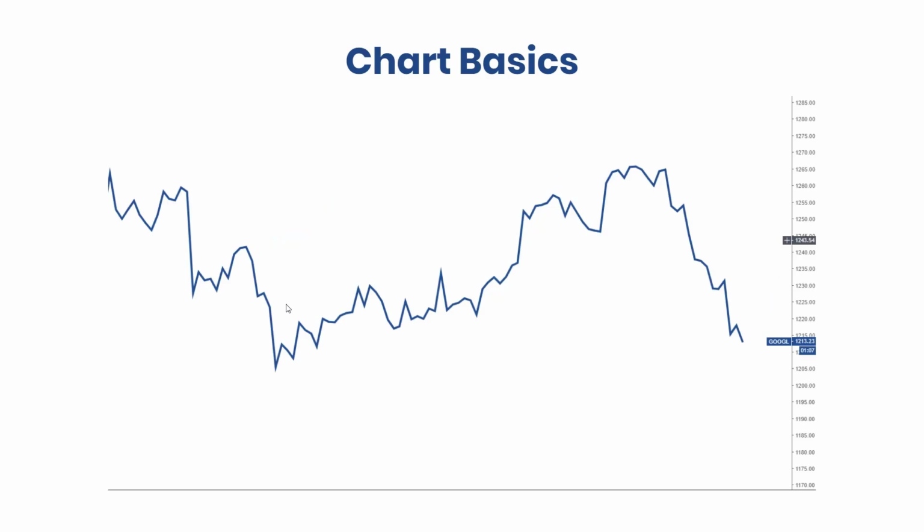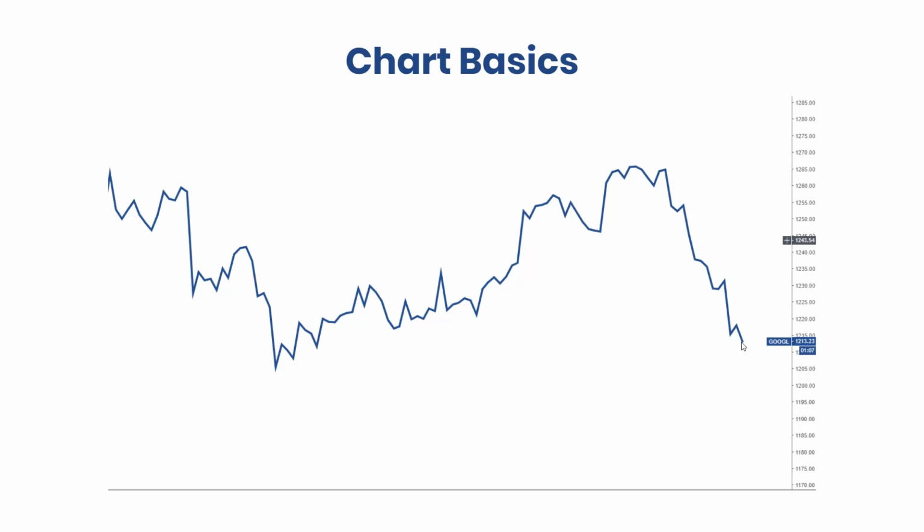Now in a line chart, which is what we're looking at here, the up and down coordinate is our price. We see prices increasing as it moves up, and then we see time along the bottom. So for every point or period of time, we have a single price point that reflects the price at that moment. If this is a daily chart and this is the current day, today's closing price for Google or GOOGL is $1,213.23.